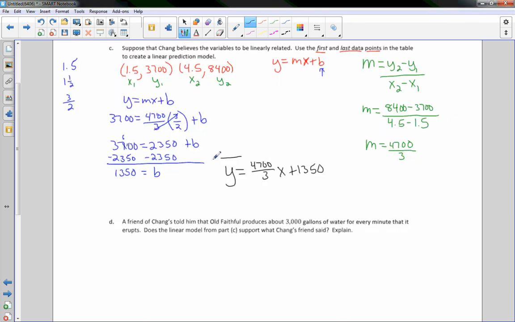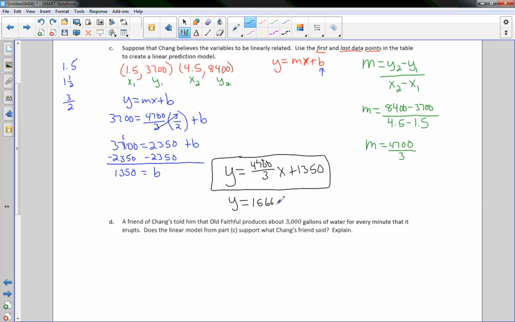Okay, so this is the answer, and I like leaving my rate of change as a fraction, but in this case, we're finding out how many gallons in 3 minutes. So I could reduce this, and I'm going to. So it's going to be y equals, well, 3 will go into 4 once with a remainder of 1. 3 will go into 17 5 times with a remainder of 2. 3 goes into 20 6 times. 6 times 3 is 18 with a remainder of 2.